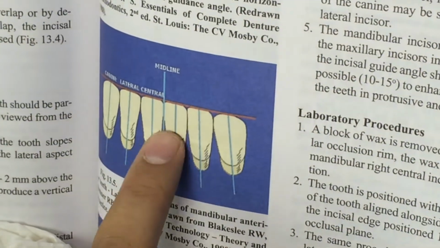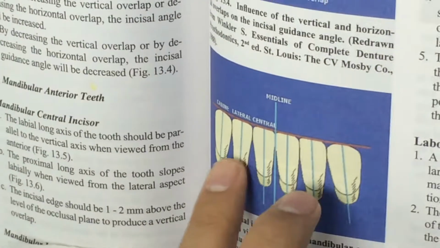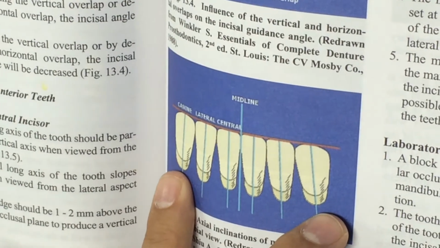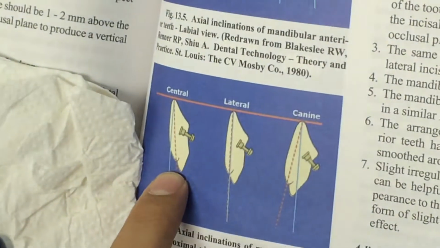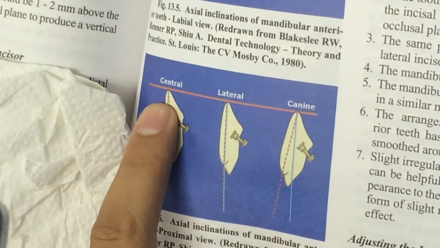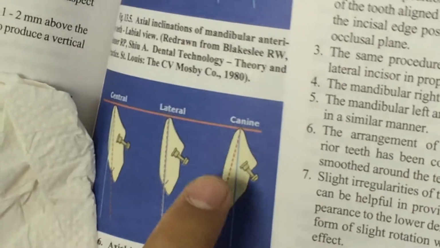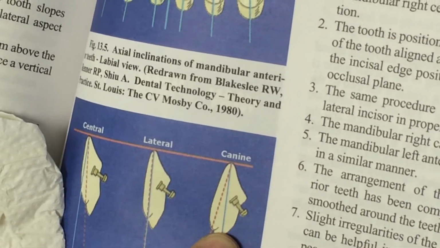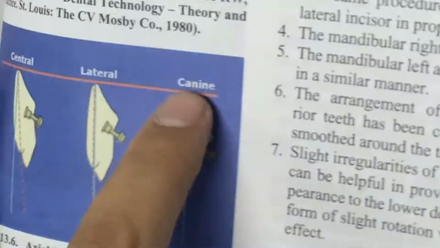axis for the two centrals are straight and the two laterals are going distally a little bit and canines more distally. And if you can see here, the proximal view is the centrals are, the neck is going in, incisal edge out, and lateral is straight, and canine, the neck is going out. Okay? So then the occlusal plane, long axis.